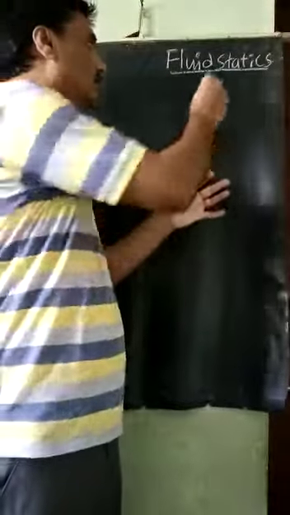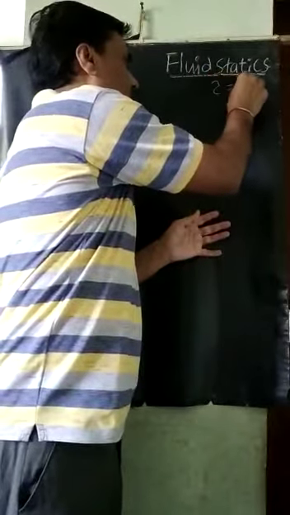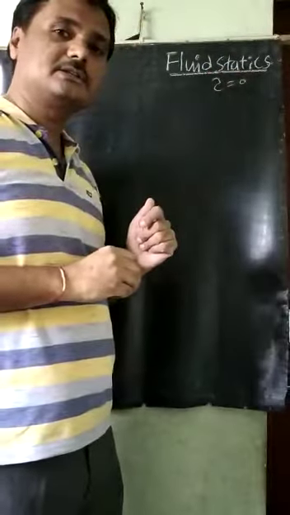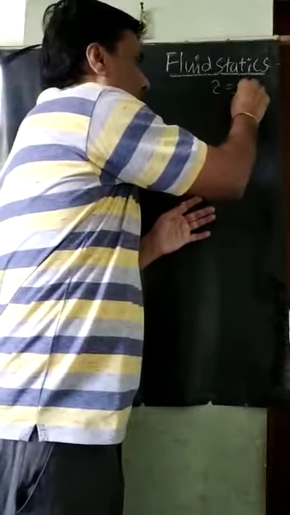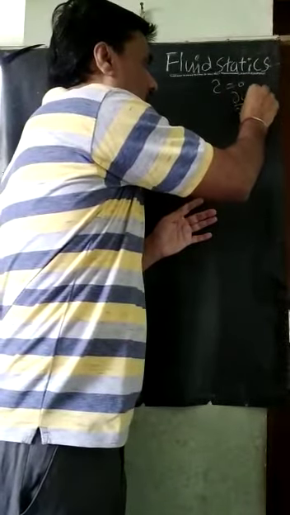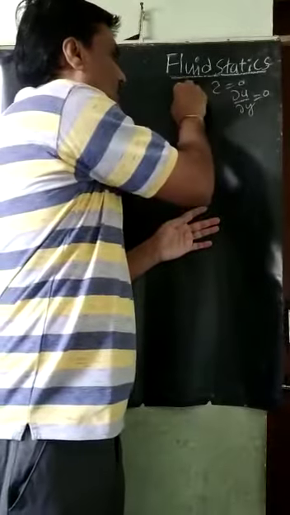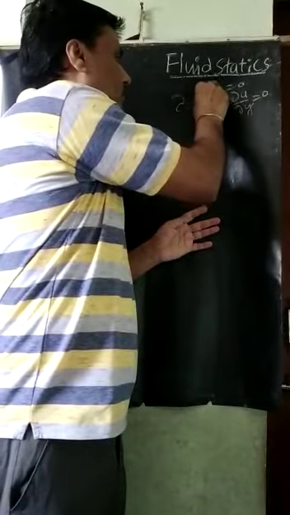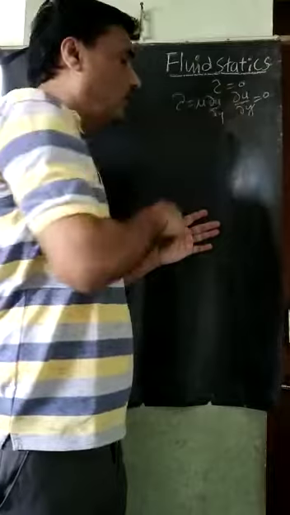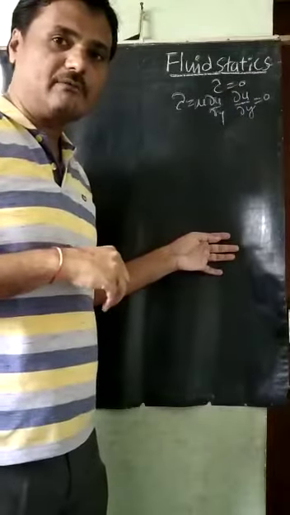As we are taking, the fluid is static here, shear stresses are 0. Why are the shear stresses 0? Because ∂u/∂y, the velocity gradient, is 0. Tau is equal to mu into ∂u/∂y, it is Newton's law of viscosity.